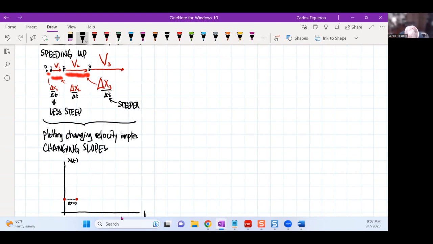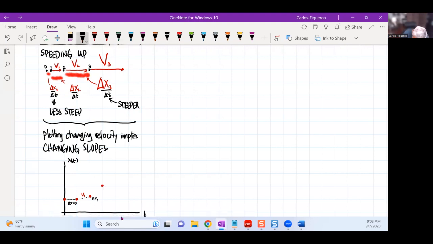So it's at rest. Now, my first little delta x tells me that it changed slope. So this guy's going to go like this now. You could see here that there's a little delta x1. There's a slight slope, and that slope tells me that has to be speed 1. Now, when I go to the next dot, you could see that I have a bigger change in delta x.